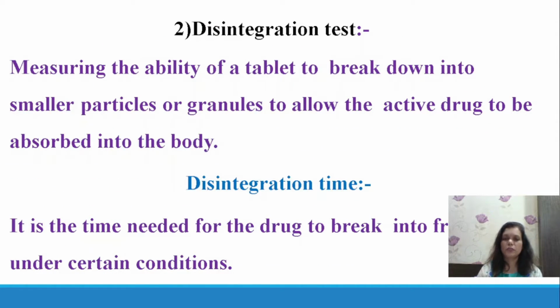The second test given under the heading of tablet is the disintegration test, which measures the ability of a tablet to break down into smaller particles or granules to allow the active drug to be absorbed in the body. So the disintegration test is very important, where disintegration time also matters, which is the time needed for the drug to break down into fragments under certain conditions.